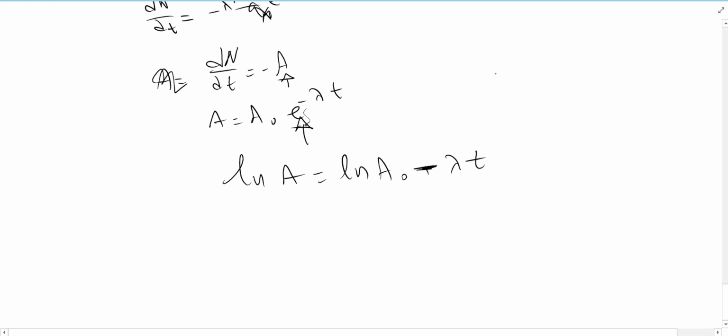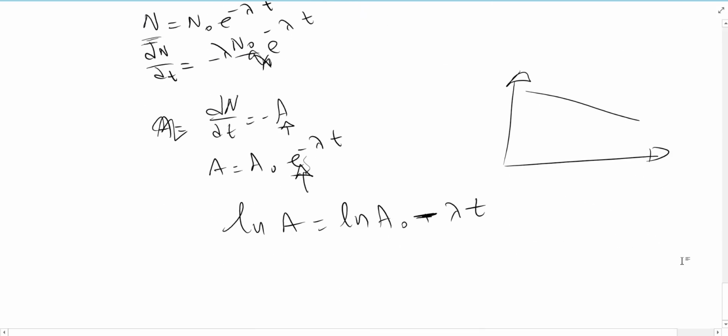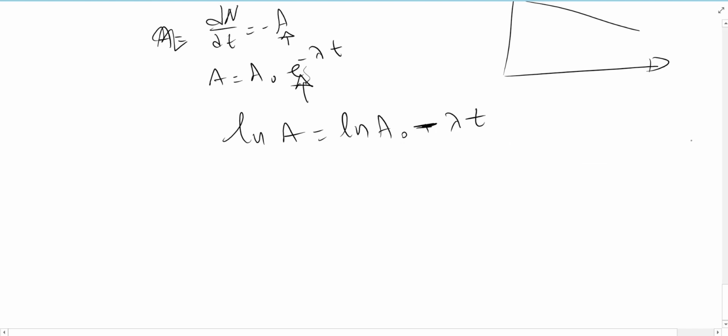If you plot this, it should really be a line. But if you plot the data from this problem, it's not going to fit a line at first. It fits a line after 5 hours. The plot looks a little weird and then becomes a straight line.